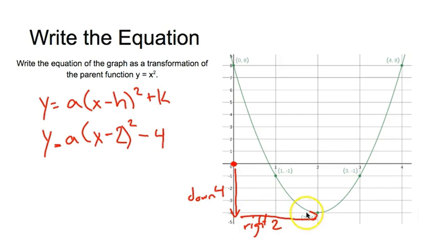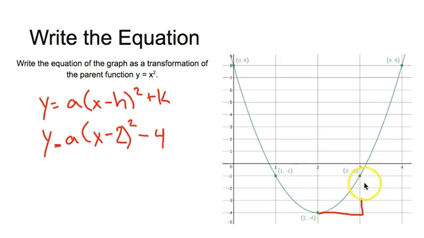Next I have to look at the rate of change. So let's get rid of this right here so that we can focus on that. Now normally we would expect from our vertex to move over 1 and up 1. But instead of going up by 1, we can see that we instead went up by 1, 2, 3.